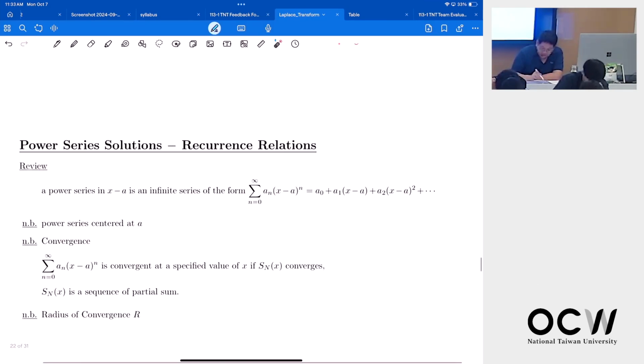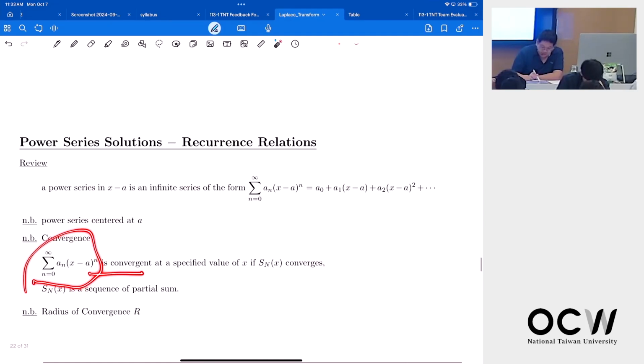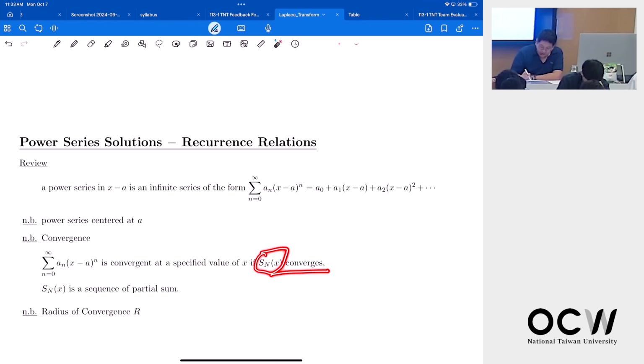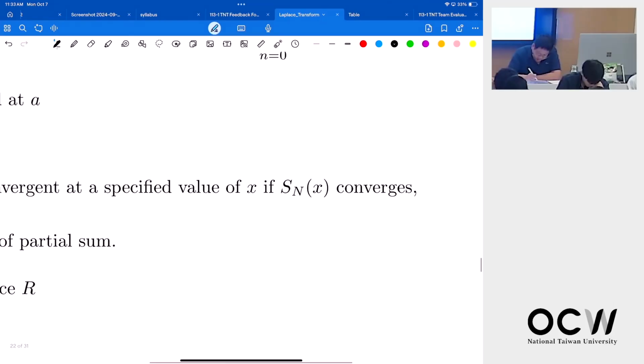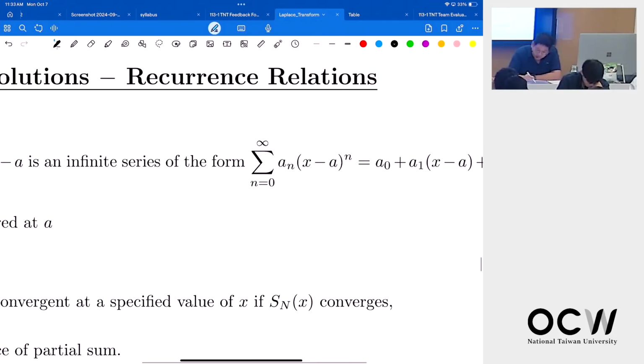So we say this series is convergent if this Sn converges. And what is this Sn? This Sn is a sequence of partial sums. When we do this power series, you see the summation is from 0 to infinity.